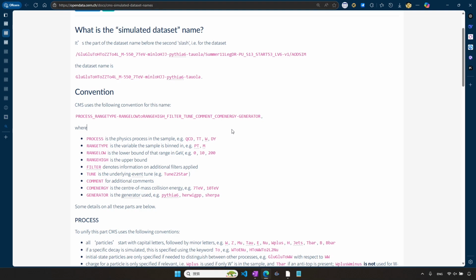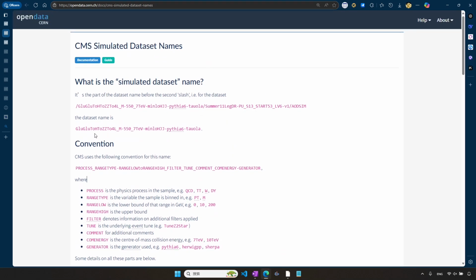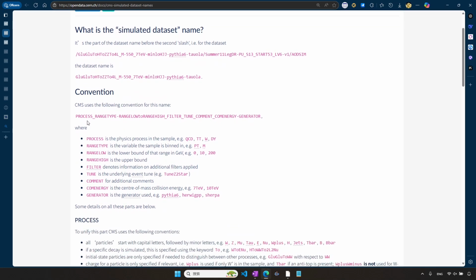The file name is separated by symbols, underlines, and short bars. Let's take a look at the convention. If we have some experience, we can understand it. The first part is a process.